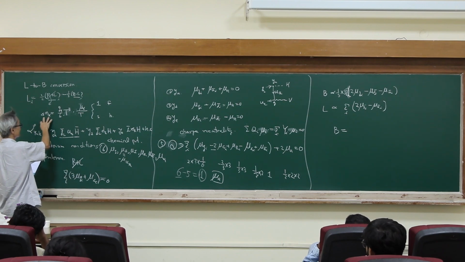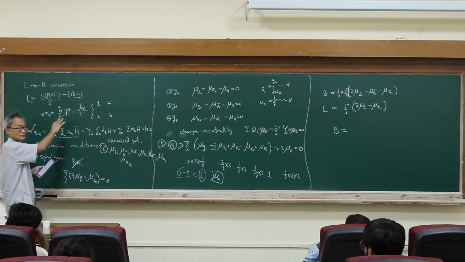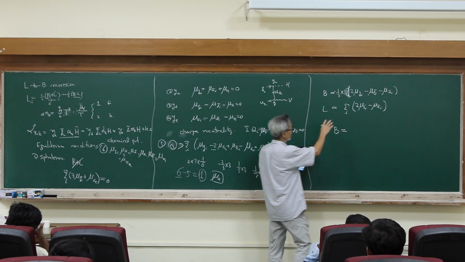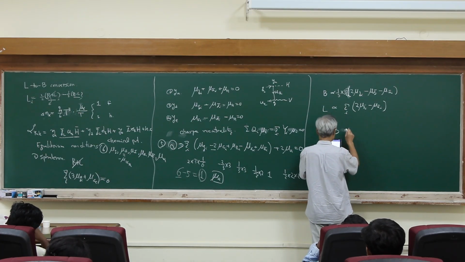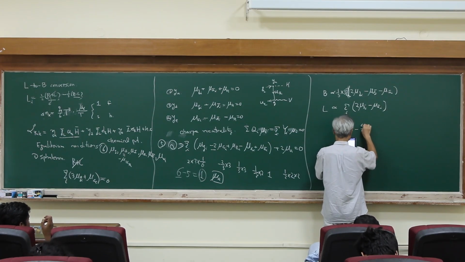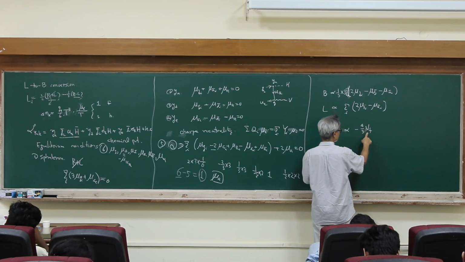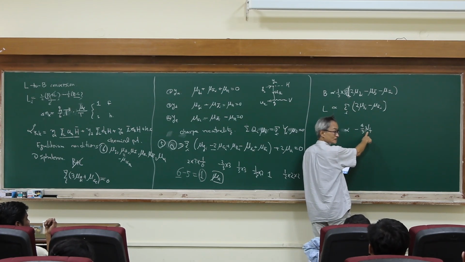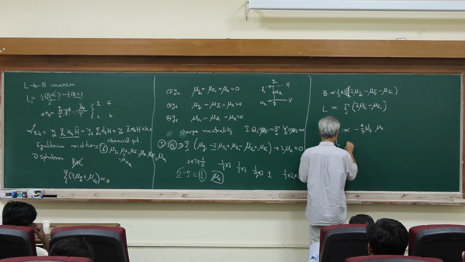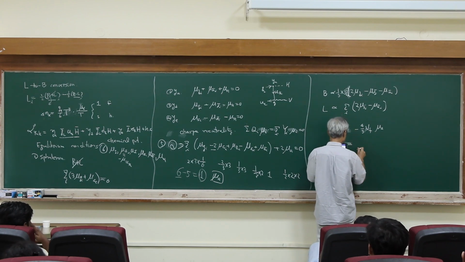We are dealing with the baryon number asymmetry and lepton number asymmetry, so forgetting about this common factor, just write this. N_F is 3 generations. Just let me equalize.